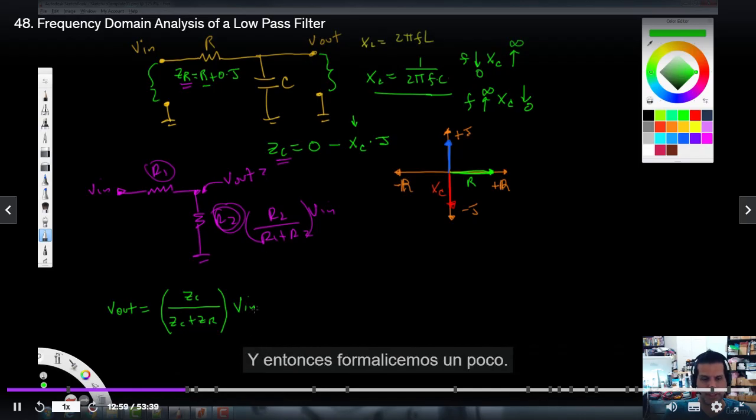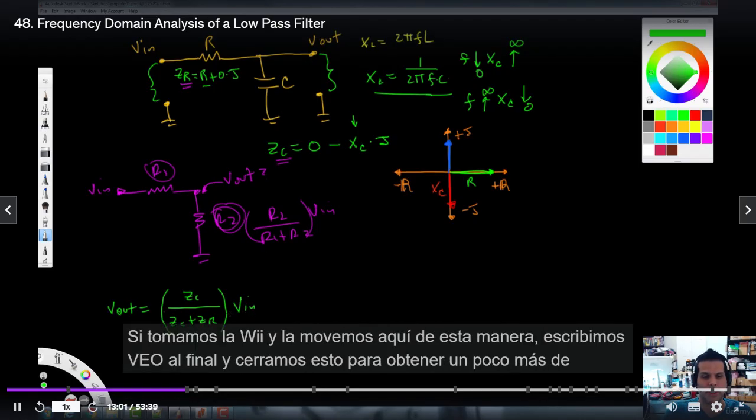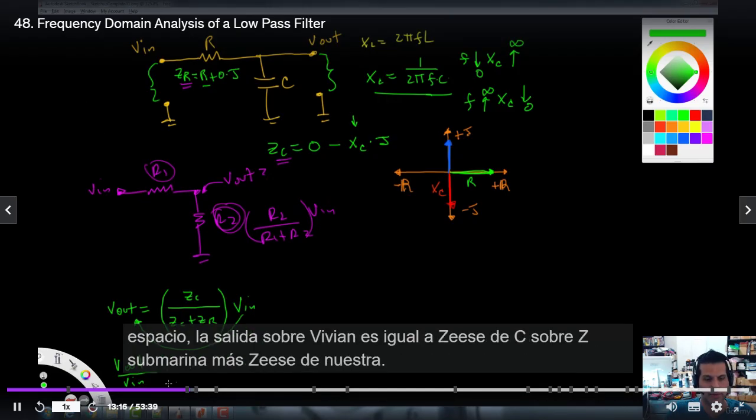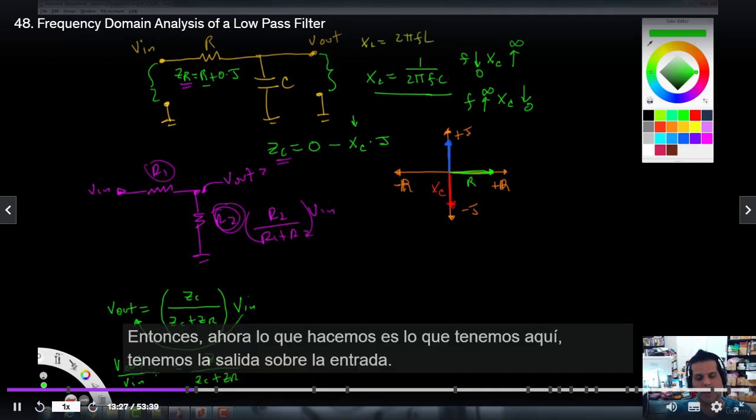Let's formalize that a little bit. If we take the Vin and move it over here, and write Vout over Vin, and let's close this, get a little bit more room. Vout over Vin equals Z sub C over Z sub C plus Z sub R. What we have here is the output over the input.